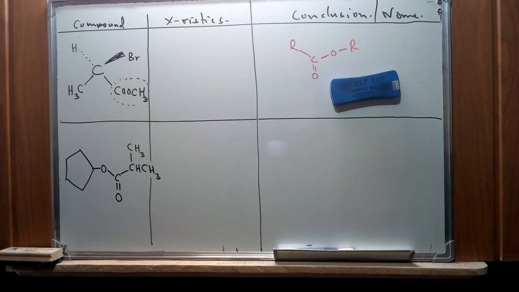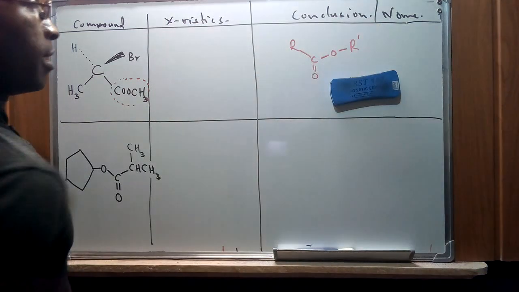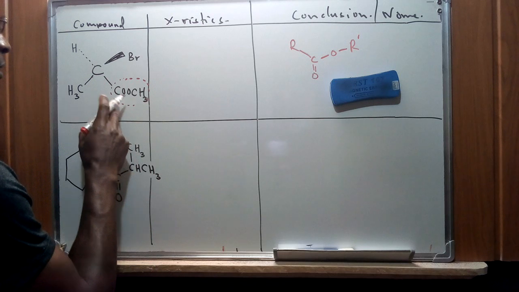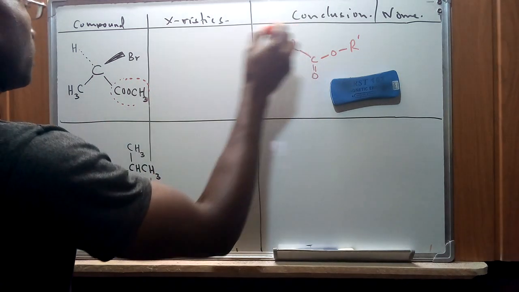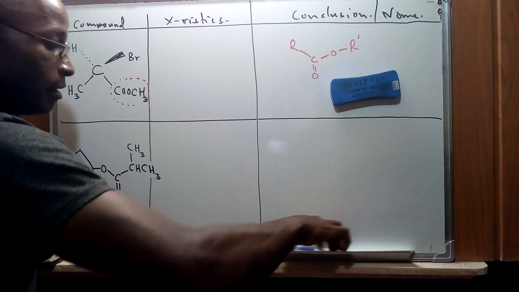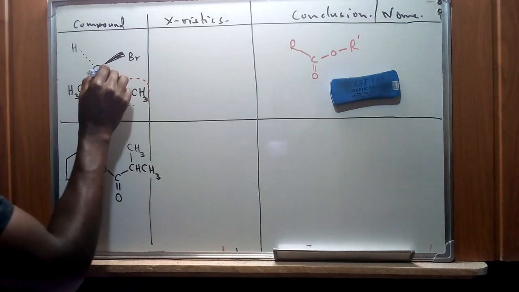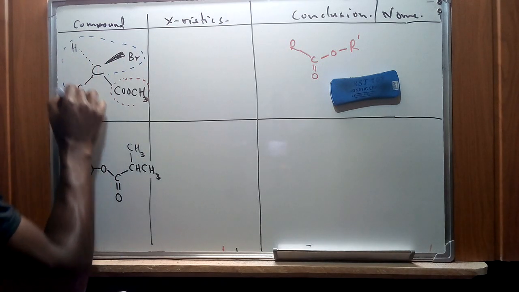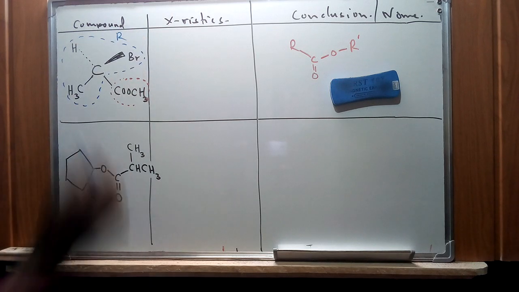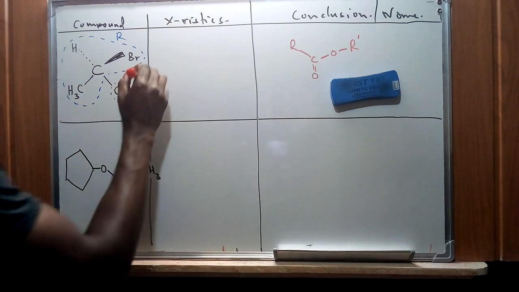We can designate R prime as a methyl group, and then we have this other side, which we can indicate by using a different color coding. This one forms R, while the other one forms what you state as R prime.